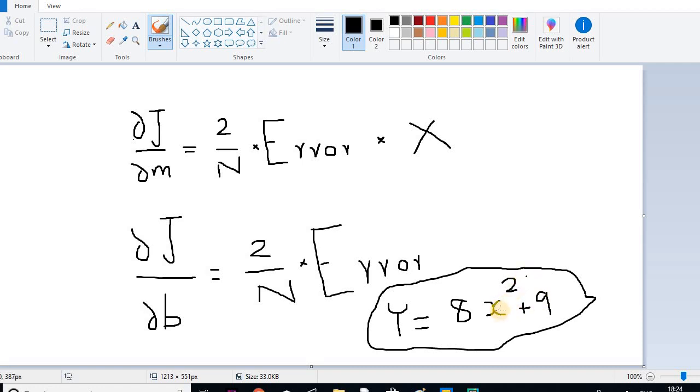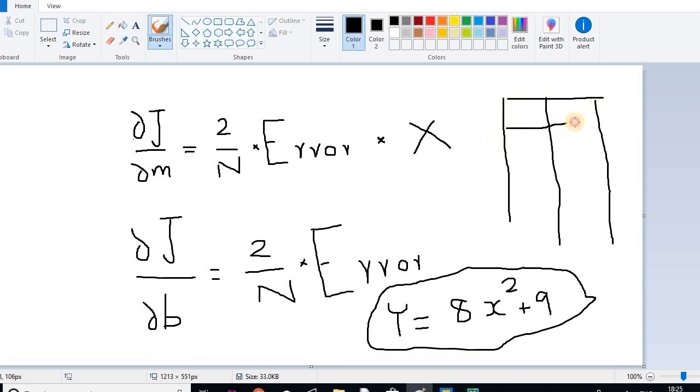For example, when you substitute x equal to 0, y is equal to 9. So we can get x and y values. You are getting my point. So x and y values should be like this. When x is 0, y is 9.